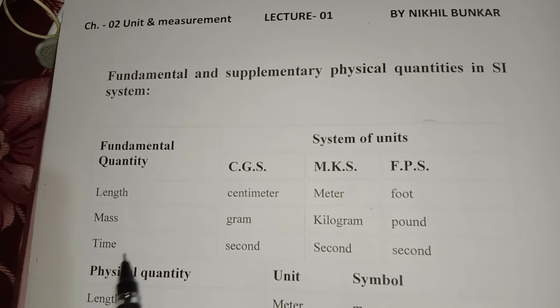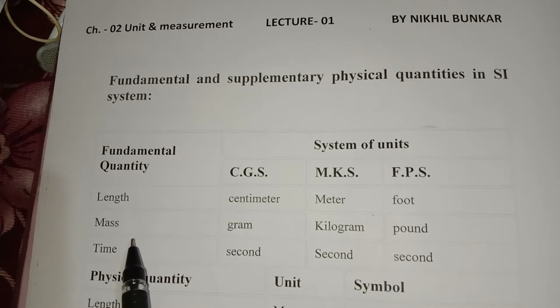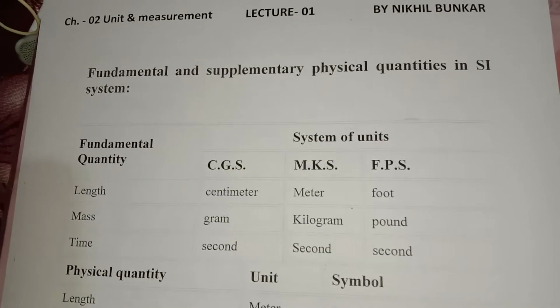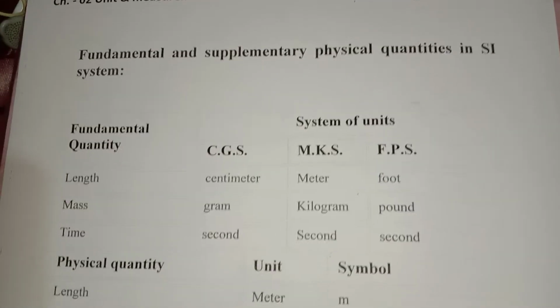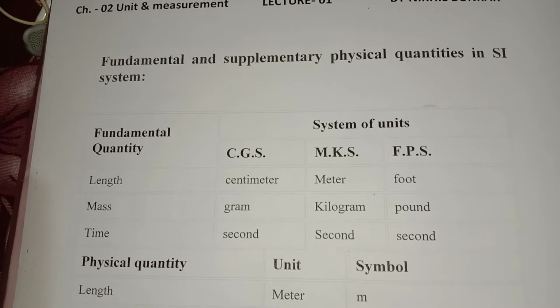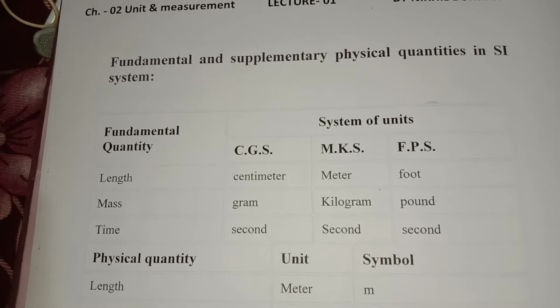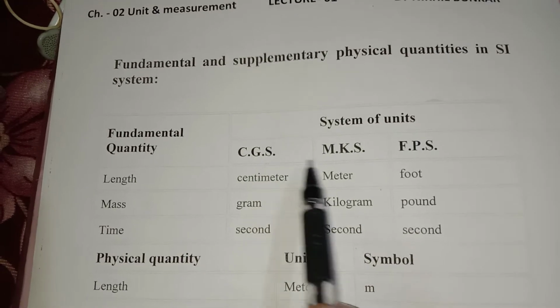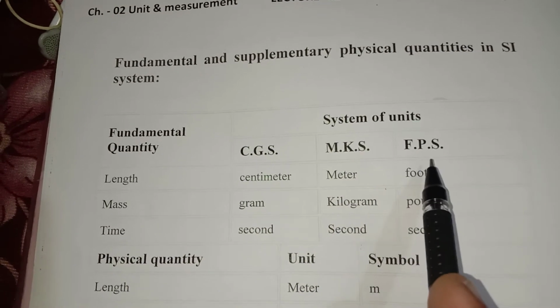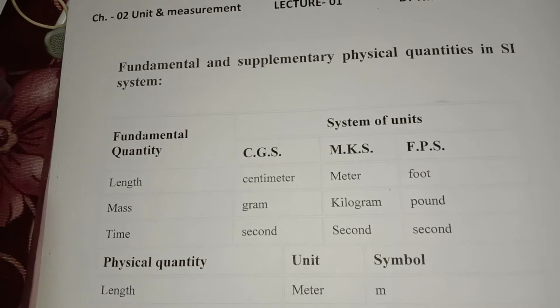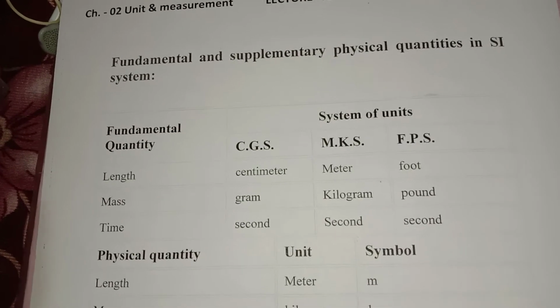So these are examples of fundamental physical quantities: length, mass and time. As we discussed earlier, there are 3 systems of units by which we can measure any physical quantity: CGS system of unit, MKS system of unit and FPS system of unit.